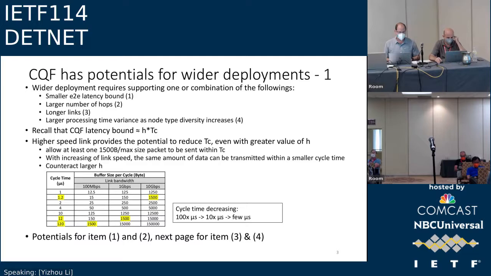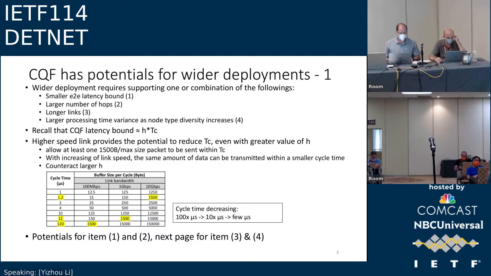When we talk about the wider deployment, basically we're thinking about at least four features to be supported, which are labeled as 1, 2, 3, 4 under the first bullet. Namely, they are the smaller end-to-end latency bound. The second one is a larger number of hops. The third one is longer links, which means longer propagation delay.